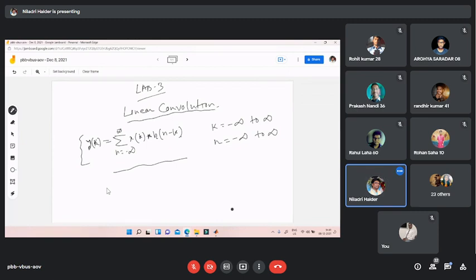From here, if we simply replace different values of n and k, we will get the linear convolved value with respect to the parameters.